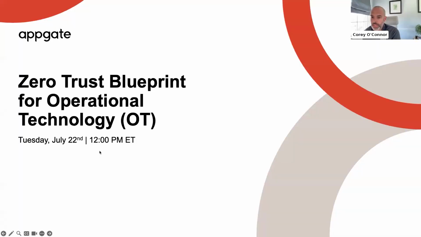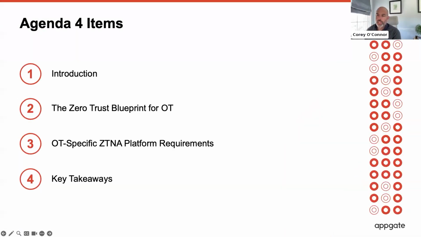Let me share my screen and we'll get started here. All right, so just really quickly wanted to cover today's agenda. So the first thing, obviously, we're going to do a quick introduction on defining operational technology, talking about some of the risks and the challenges. We're then going to touch on the Zero Trust Blueprint for OT, which is the main focus for today's session.